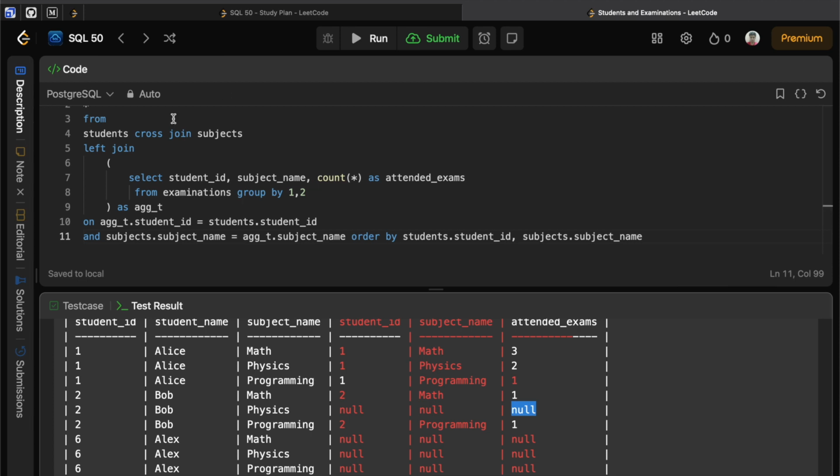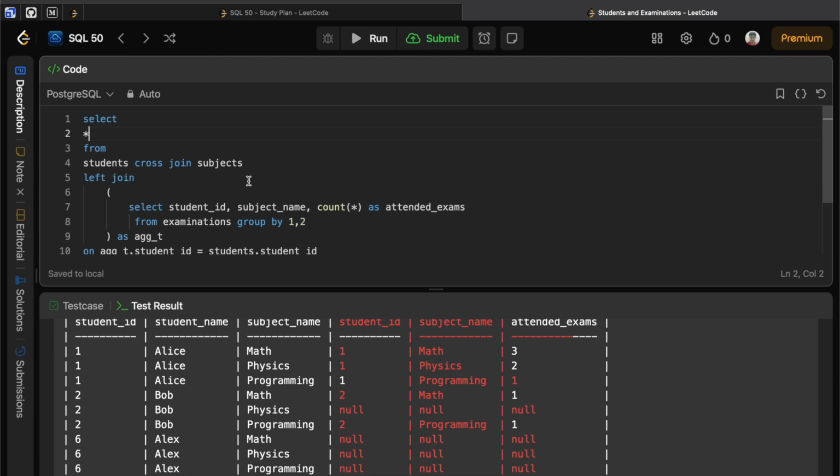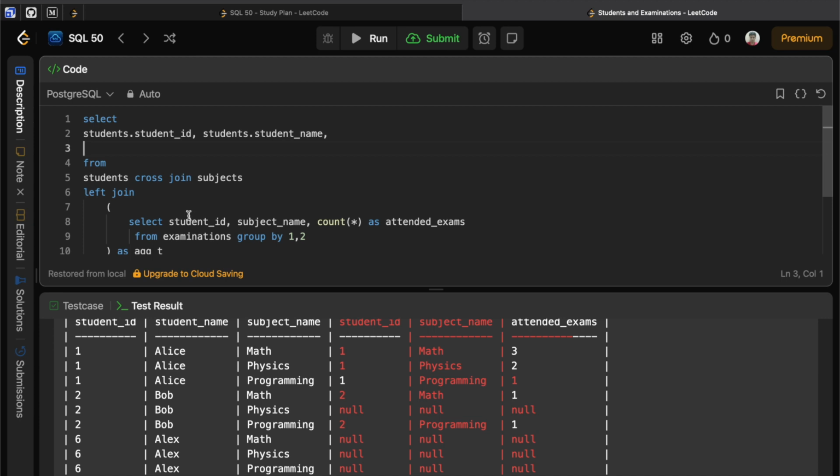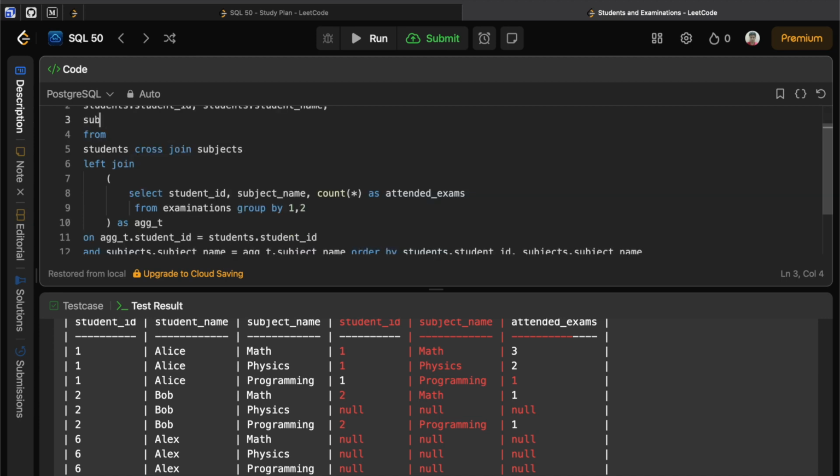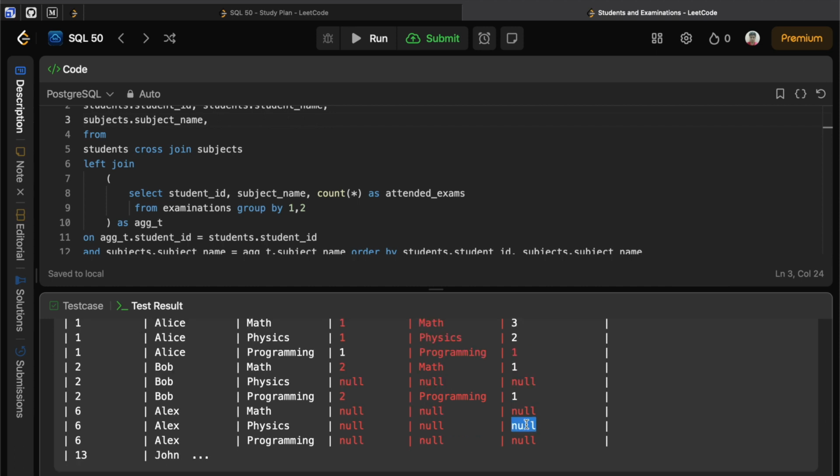So instead of select star over here, all we need to do is first get the ID and student name. You can get that directly from students, student ID, and the student name, because we need these two. And we also want the subject name, and let's take that from subjects. And now for the attended exams, the count, right? That's the fourth column that we want. Instead of taking the exact attended exams, what we want to do is make this 0 wherever it's null, right?